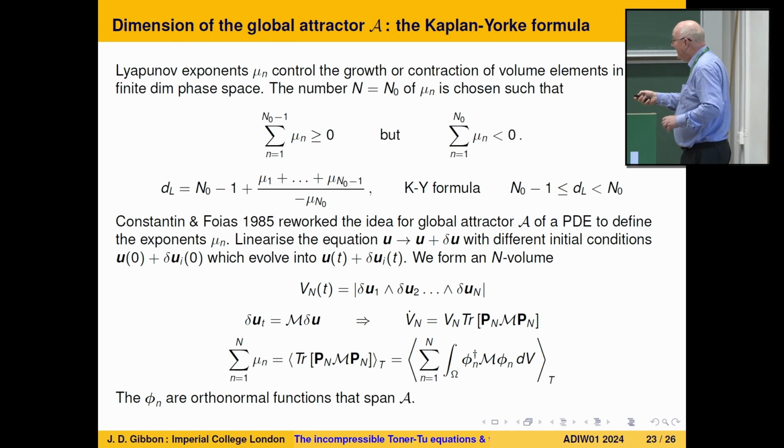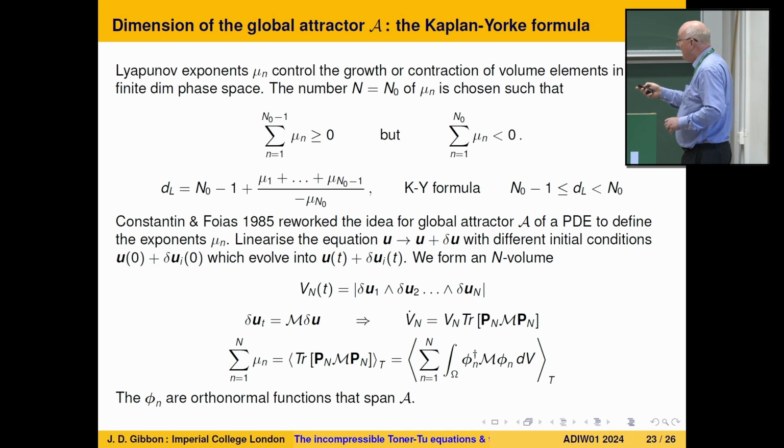You take sum 1 to n, and these are your orthonormal functions. And that is the sum of your Lyapunov exponents there. So that's their way, Constantin and Foias's way, of getting from finite dimensional to infinite dimensional.